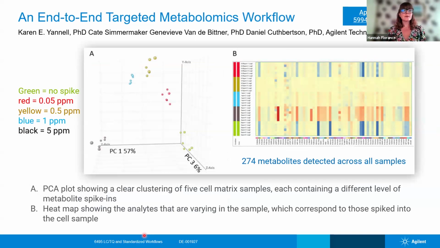As a proof of principle, you could then do a principal components analysis, and we can see that each of the groups of cells are clustering together really nicely. And then when we do some hierarchical clustering, we can monitor the trends across each of those different groups of samples. It just so happens that in this example it's concentration, but it could be treatments or strains of something, however you want to design your experiment.